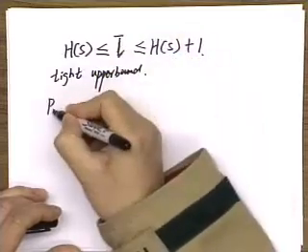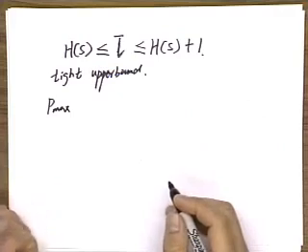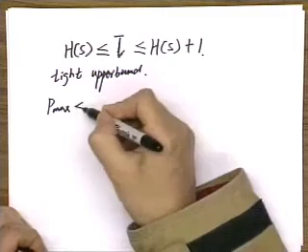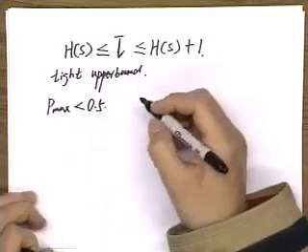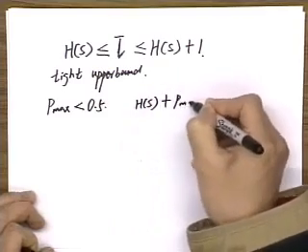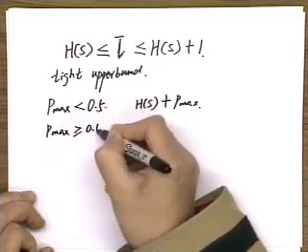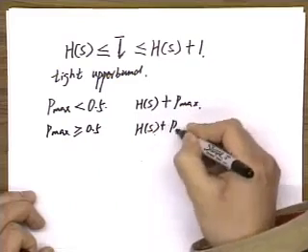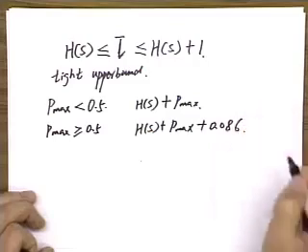So we use Pmax to denote the maximum probability of a symbol. When Pmax is smaller than 0.5, the upper bound is HS, the entropy, plus Pmax. When Pmax is larger than or equal to 0.5, the upper bound is HS plus Pmax plus 0.086.